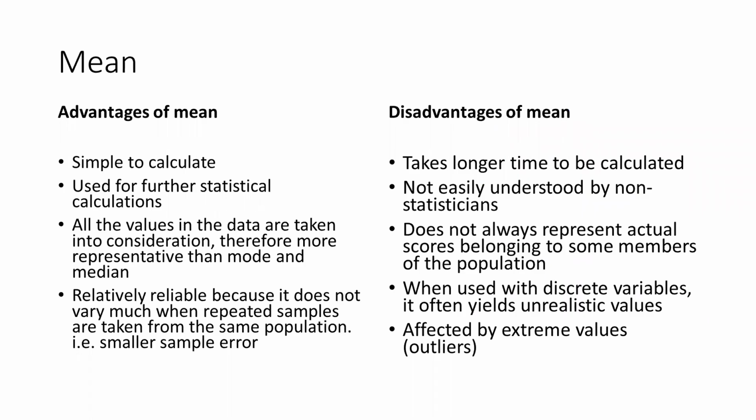Each of these has its advantages and disadvantages. Simple to calculate, so we're talking about the mean. It's easy to calculate. It's very useful in a lot of other statistical analysis and calculations. It is representative of the population because all the values are involved in the calculation.